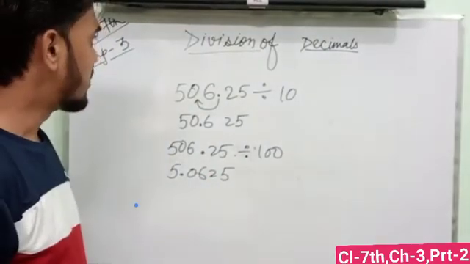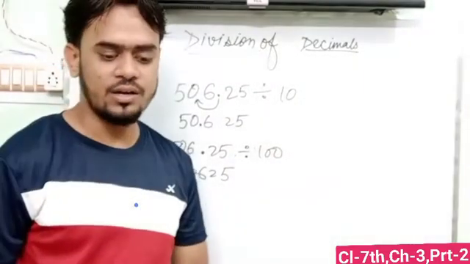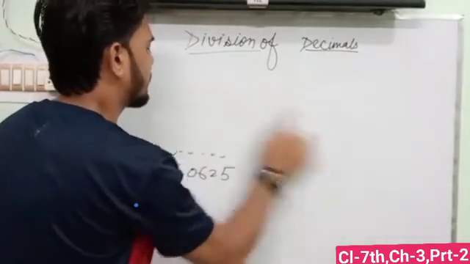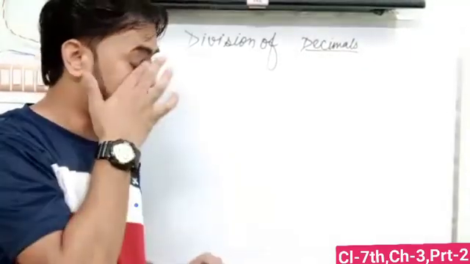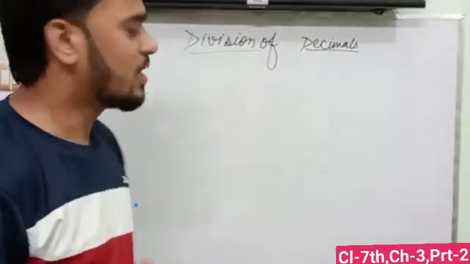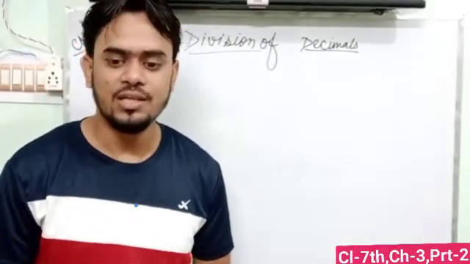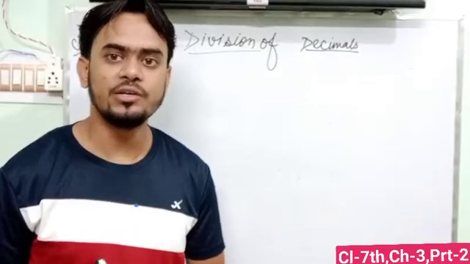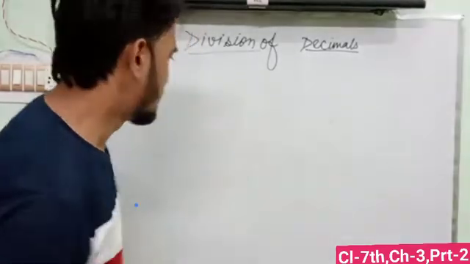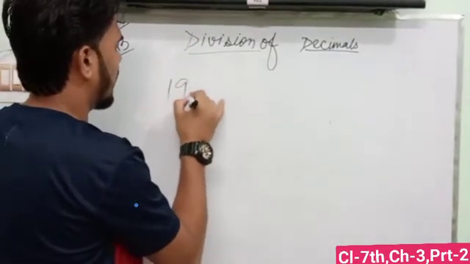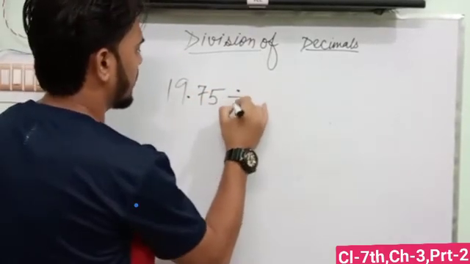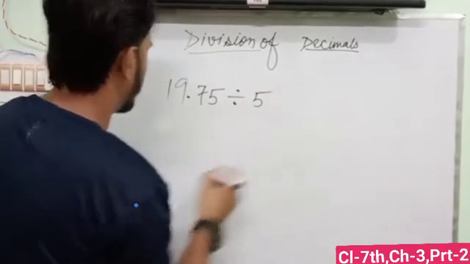Now division of a decimal by a non-zero whole number. If you are going to divide a decimal number by a non-zero whole number, you should apply the same rule that you were using in your 4th or 5th class. Simply, 19.75 divided by 5.